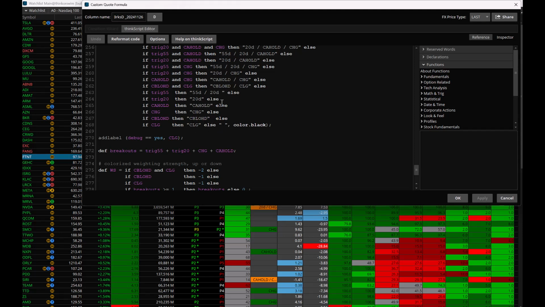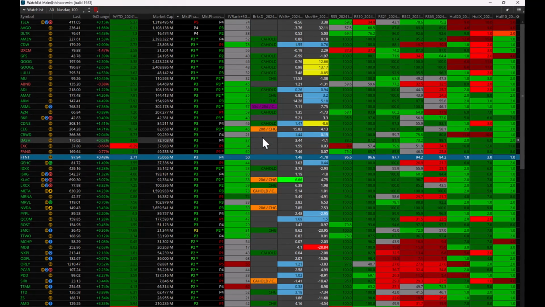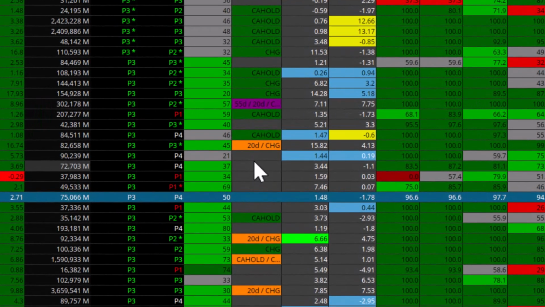And there's kind of an interesting color scheme that goes along with these. The column's going to have whatever considerations happened for that particular day. So the coloring scheme is designed to help identify days that have multiple signals happening at the same time. So if you've only got one signal, it's going to be green.